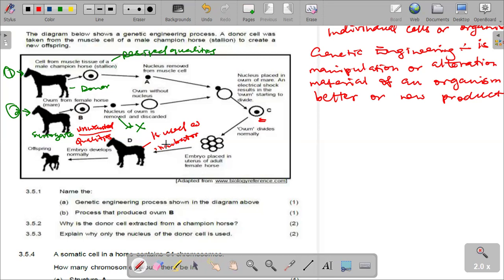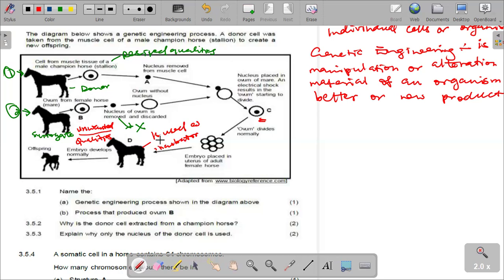I'm sure you understand it is an incubator because it is only giving the conditions that would allow the embryo to develop until the gestation period is enough, so it can be born. So the incubator is just giving the environmental conditions that are necessary for the development of the embryo after it has been placed into its uterus.